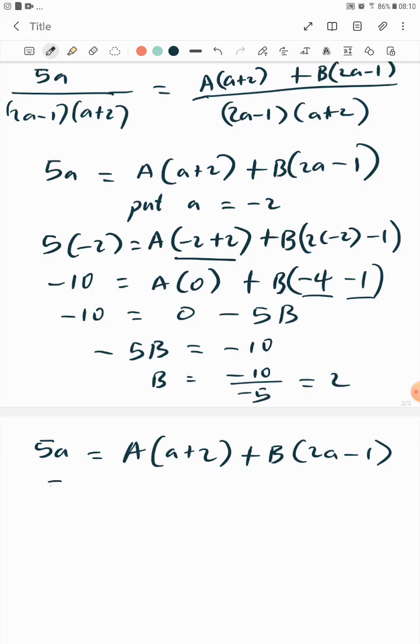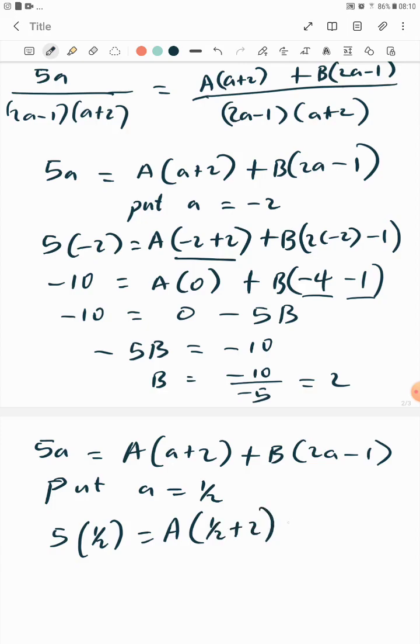So we have put a equals 1 over 2. That will make 5a become 5 bracket half, that's half plus 2, plus b times 2 bracket half minus 1 equals 5 over 2.